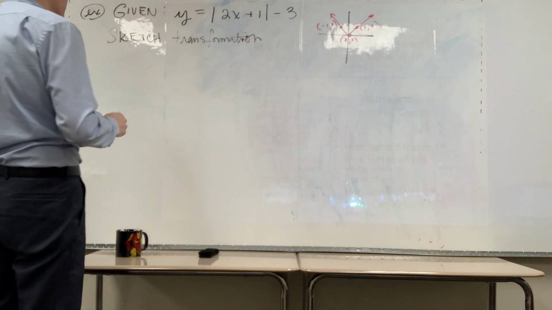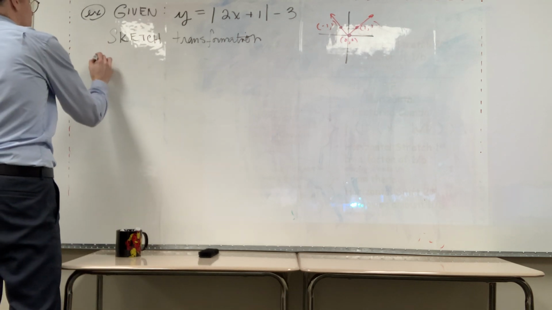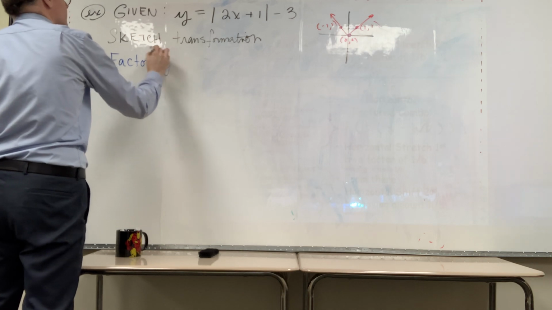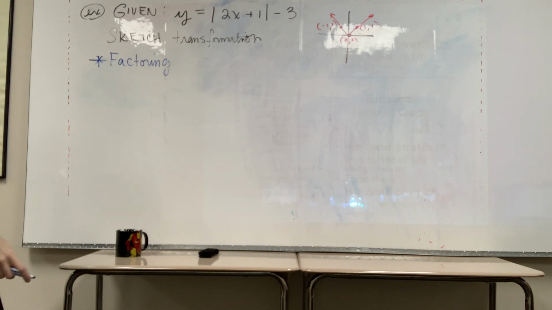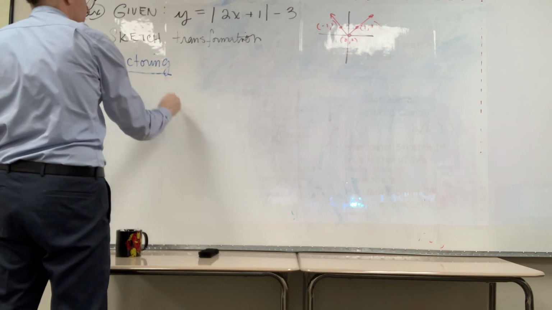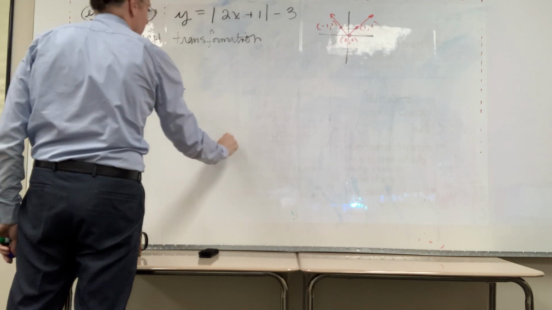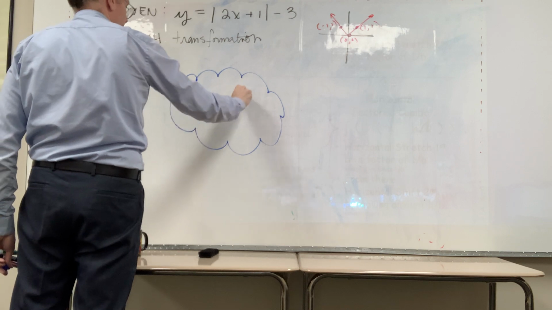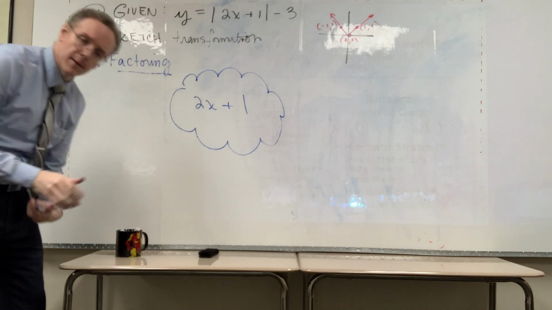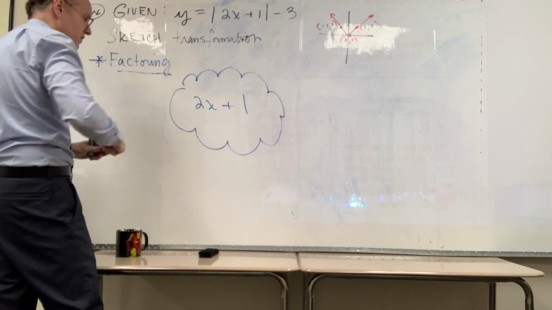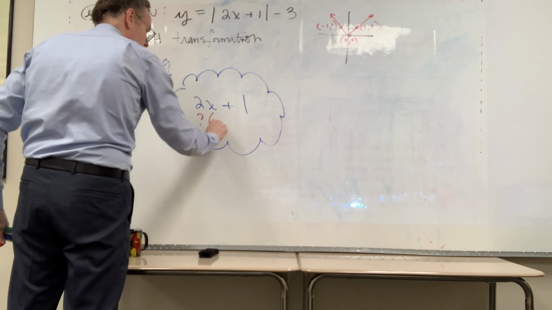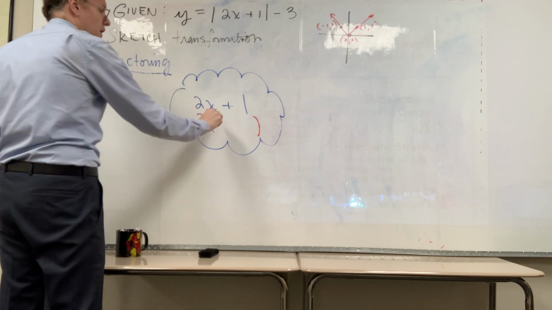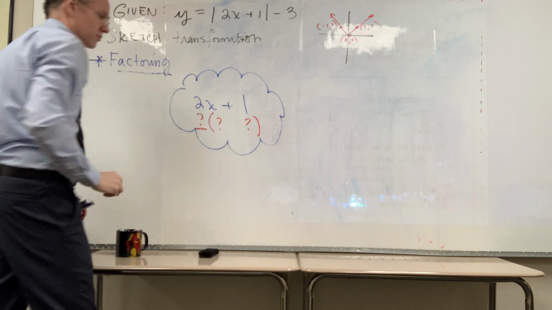All right. I'm going to start by factoring. If you're going to factor this stuff, just the guts here, 2x plus 1, all right? Remember that when you factor, there's something that's going to be outside of a parentheses when you factor, and some leftovers inside the parentheses.